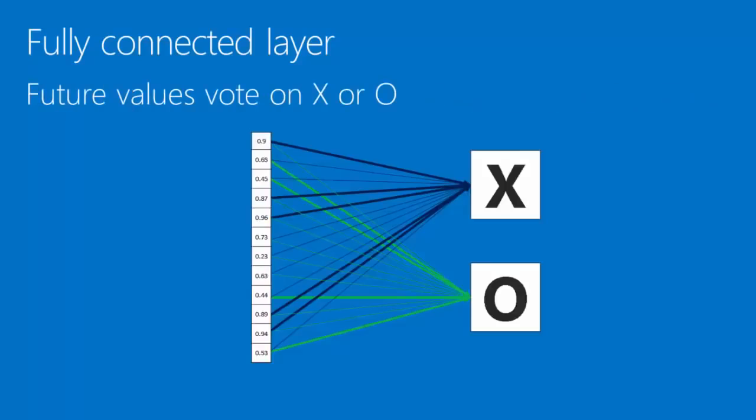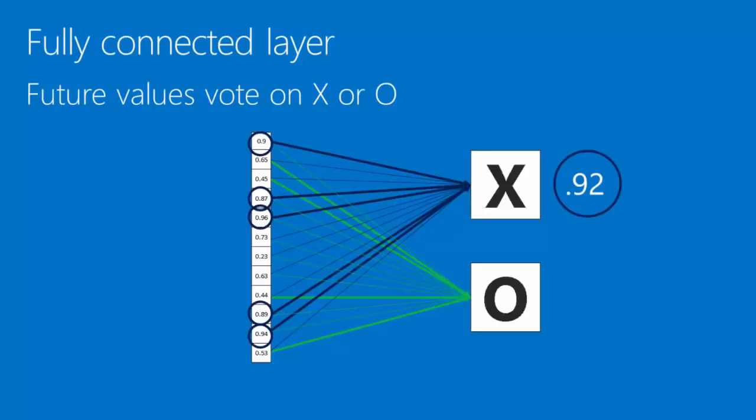Now when we get a new input and we don't know what it is and we want to decide, the way this works is the input goes through all of our convolutional, our rectified linear unit, our pooling layers, and comes out to the end here. We get a series of votes, and then based on the weights that each value gets to vote with, we get a nice average vote at the end.